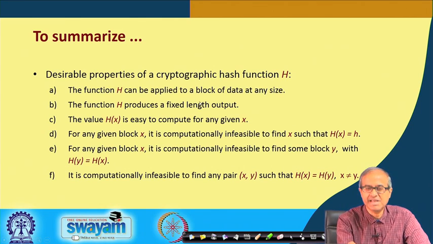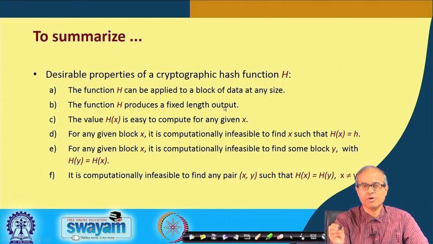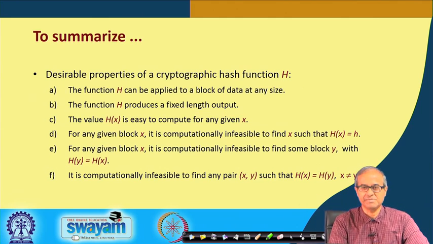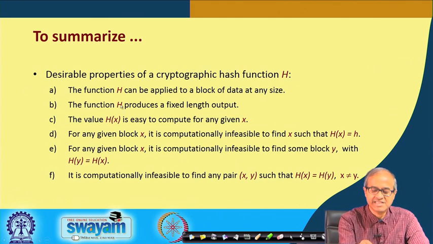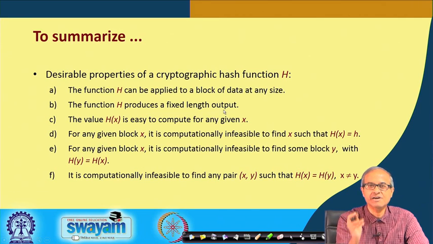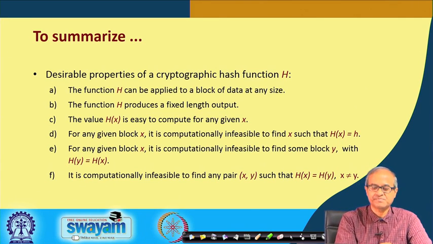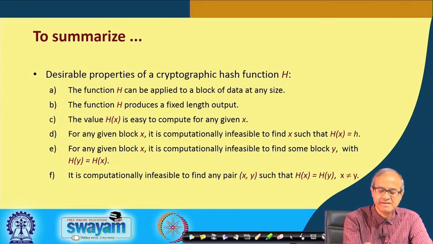So, roughly speaking, a block of data of any size up to some reasonable upper limit, and this hash function typically will produce a fixed length output as the hash value. And these are the three properties I talked about, C, D and E.